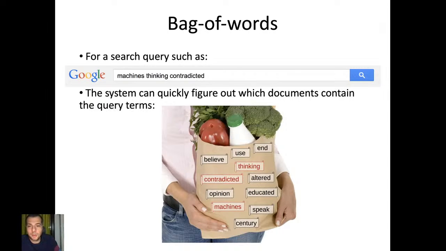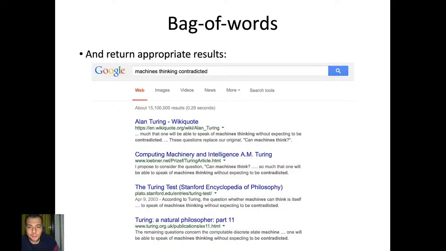So let's say we don't remember the exact quote and we want to search for it on Google, and we remember some of the words. Then when we match the query with the documents, we will find that a web document that contains this quote is very representative because it contains all these three words. So it will return relevant documents.